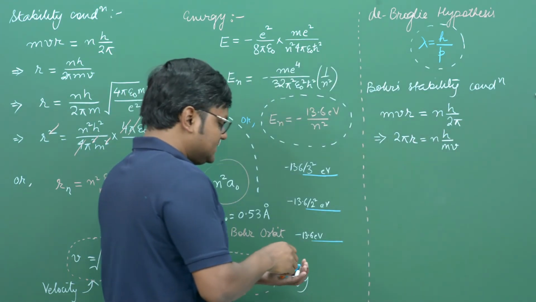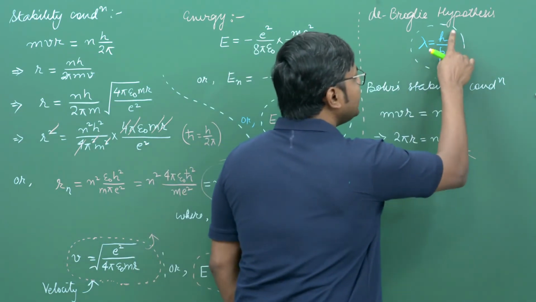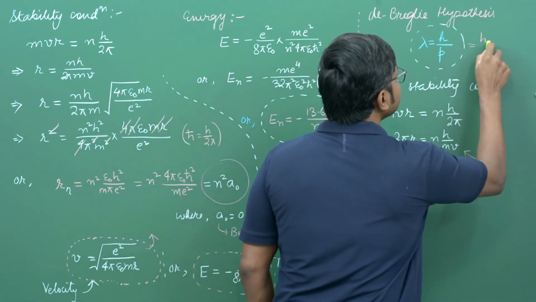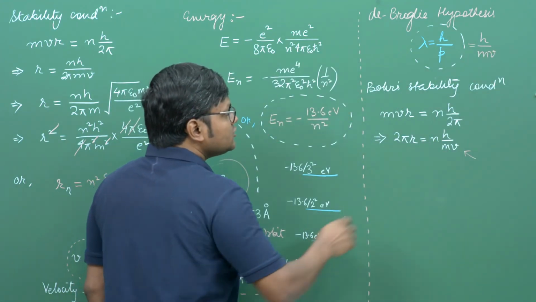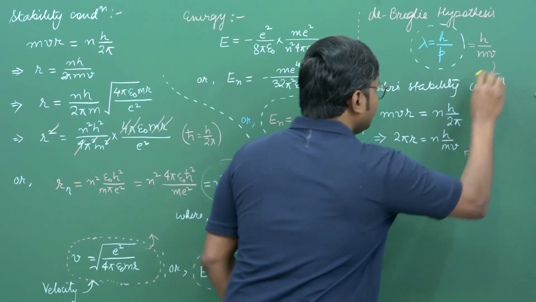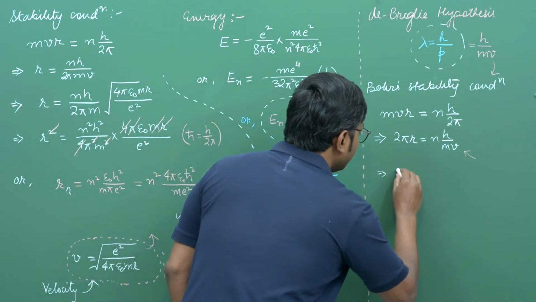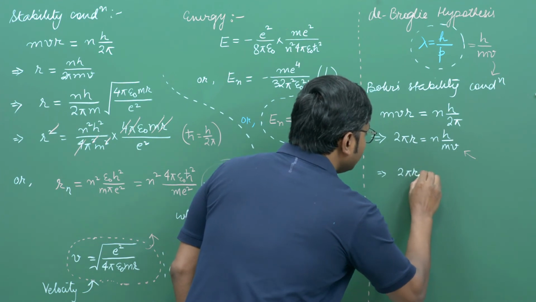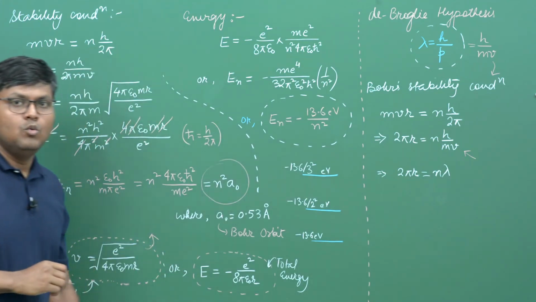Now what is this quantity h upon mv? It is nothing but h upon p, because mv is the momentum of the moving electron. If I substitute this here, we end up getting 2 pi r is equal to n lambda. What is lambda?